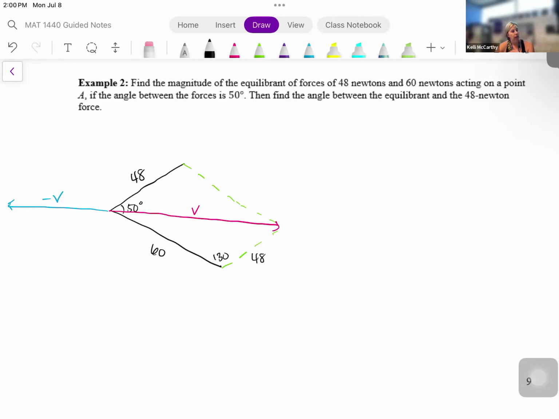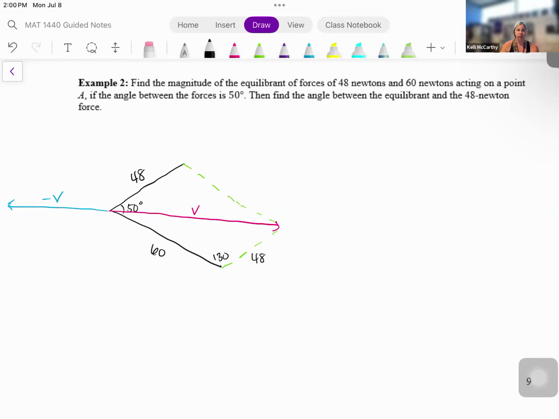So I know that opposite sides are 48. And then if we're given the angle between the two forces as 50 degrees, that means the angle adjacent to that is going to be 130 degrees. It does also follow that opposite angles are equal in measure in a parallelogram, but we don't necessarily need that for these applications.